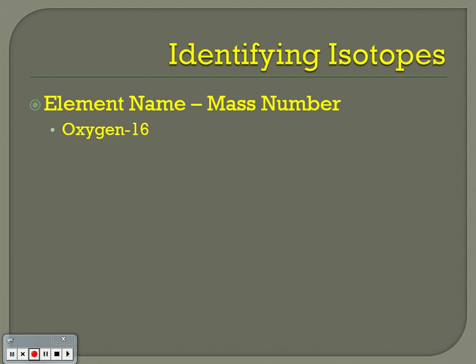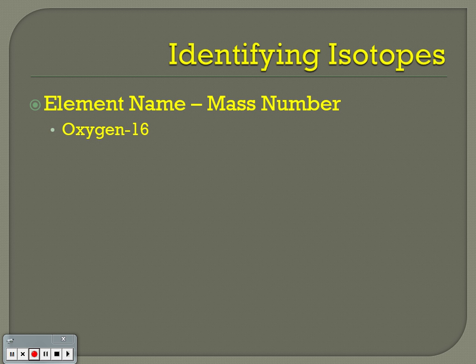So going back to your outline, all right, let's take a look at this one, okay? Oxygen 16, okay? The fact that it's oxygen tells you how many protons it has. So where are you going to find out how many protons it has? You're going to go to the periodic table and find the atomic number of oxygen. What is the atomic number of oxygen? 8. So it has 8 protons. All right? This is on your outline if you notice that it's right there.